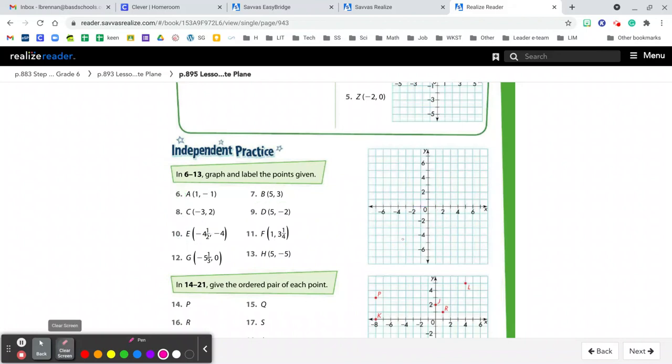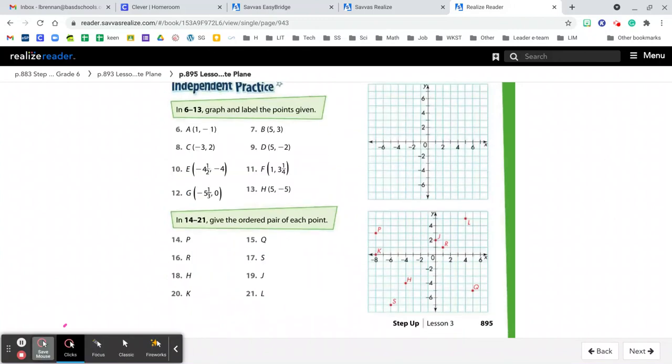And when we come down to the bottom, we're going to name the points. So let's look at point P, the first one they have for number 14. P, I can see it right here. Starting at 0, I'm going to go over 8, and it's a -8. And I'm going to go up 3.